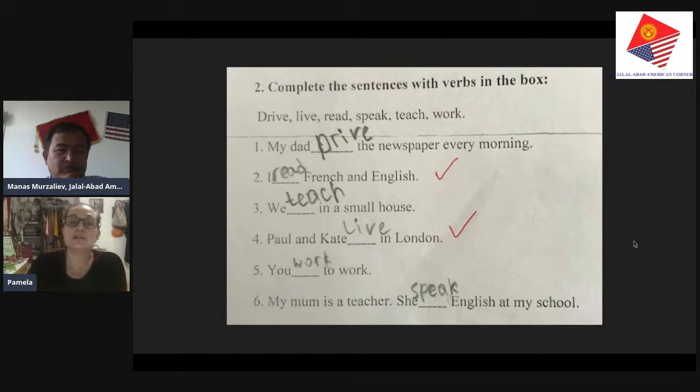So she teaches English should be the correct one, but they didn't let you know that you needed to change something at the end of the verb. So you would have to add es, teaches, whereas you drive to work, you don't need to add anything there. So they really should indicate that.